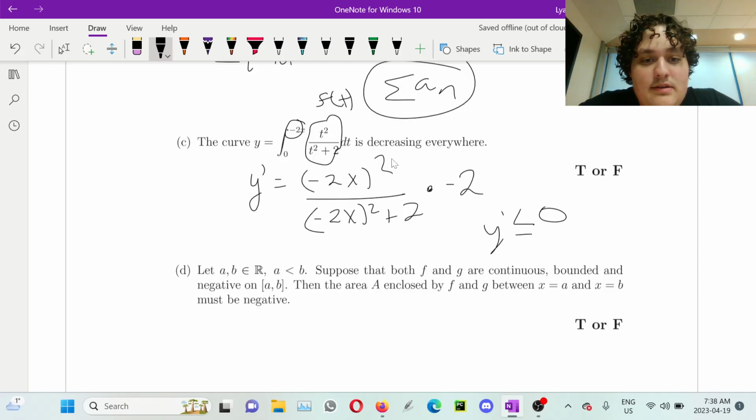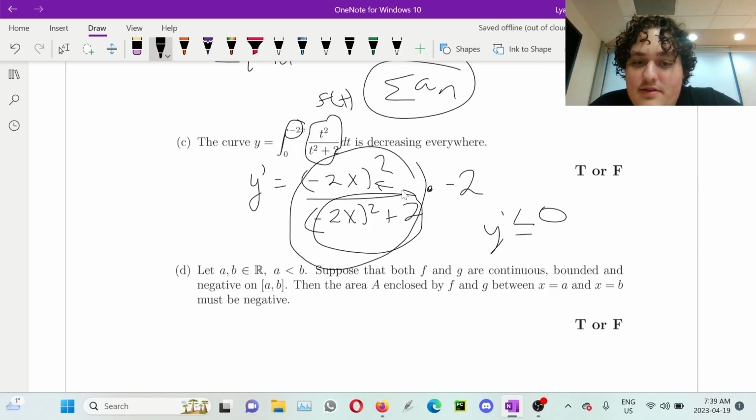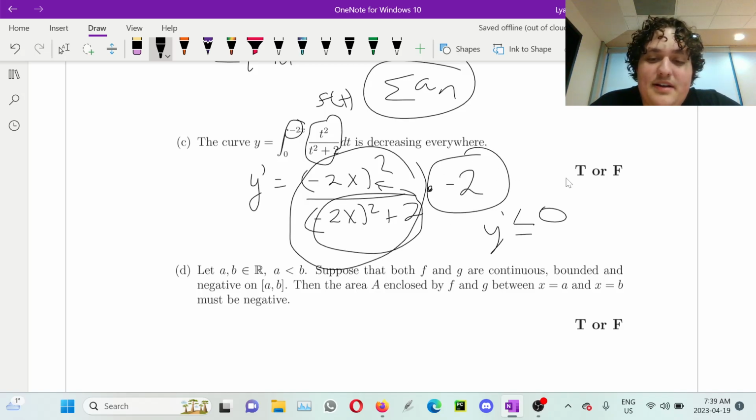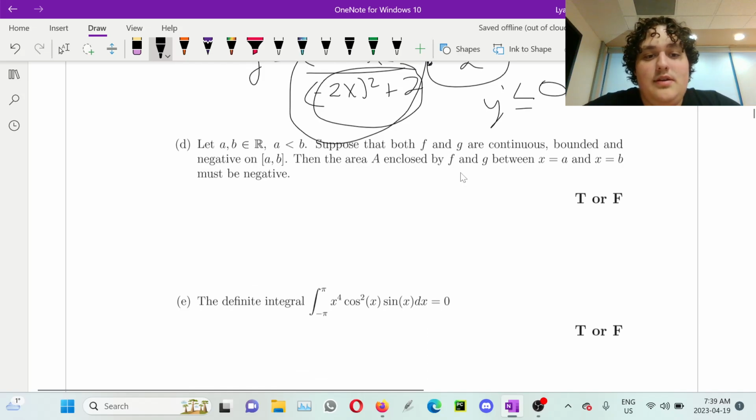But because they don't say strictly decreasing, just decreasing, we don't care about inflection points. We just care that the derivative is negative or 0 throughout the domain, which is clearly true, because this term is obviously positive, right? We have 0 or positive on top and positive on the bottom, and then we multiply by negative, so it's going to be negative overall. So this is true. Okay.